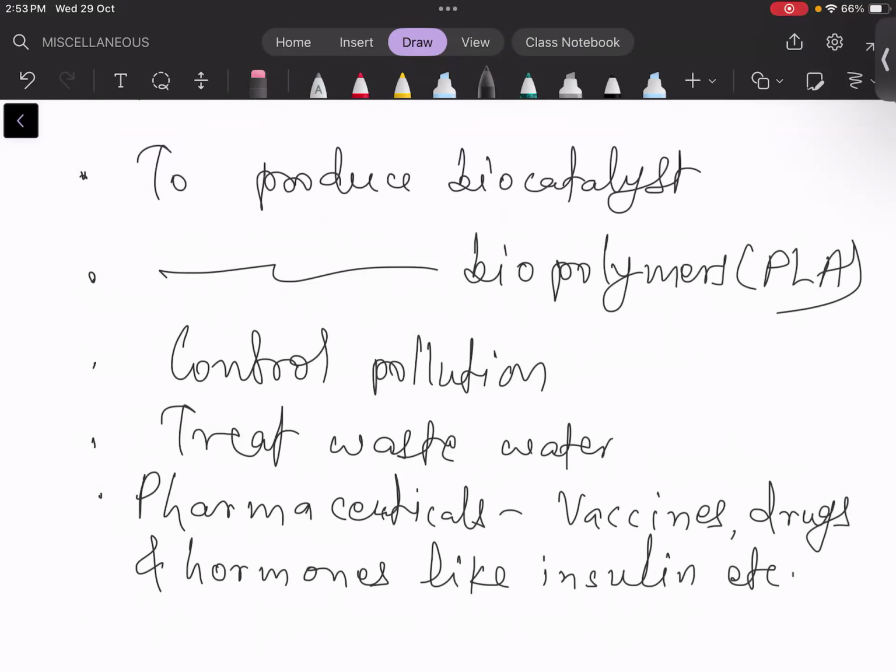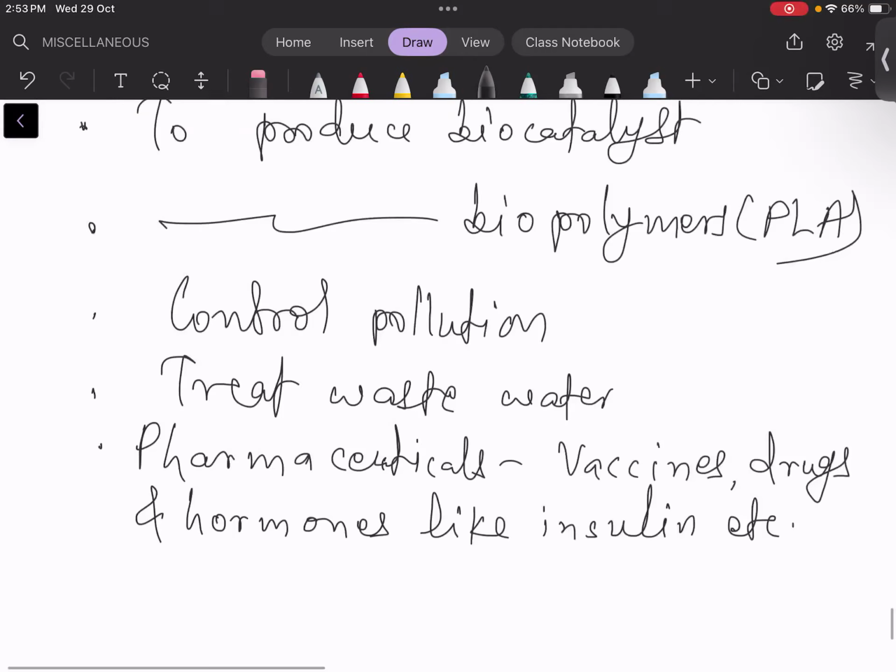Then methods used in biotechnology we will study. What will we study? Methods used in biotechnology. Next part is methods used in biotechnology.